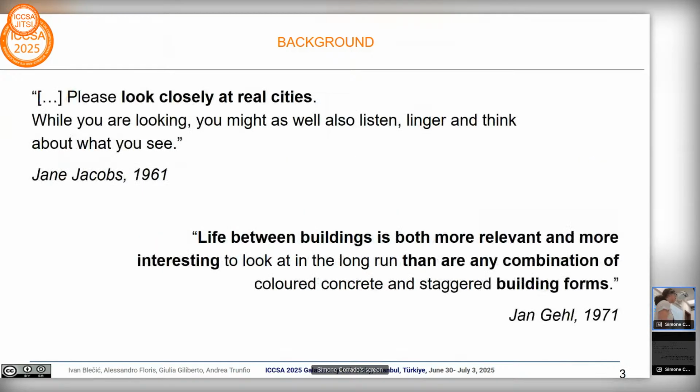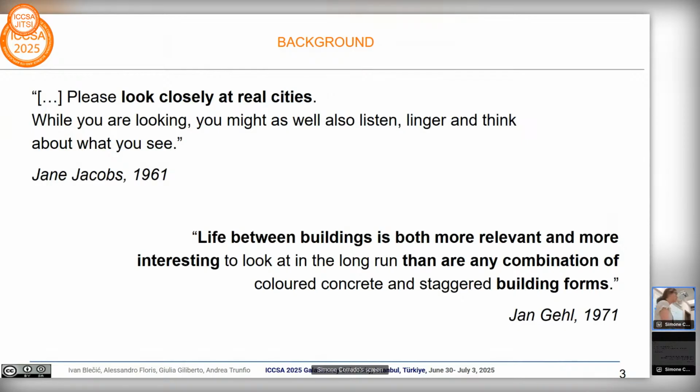To study public spaces, and in particular public open spaces, we have to assume a perspective that was introduced in the 1960s by pioneers such as Jane Jacobs and Jan Gehl, who highlighted the importance of creating spaces for people and assuming a human-centered approach, rather than relying on aesthetic forms or just on technical solutions for the built environment.